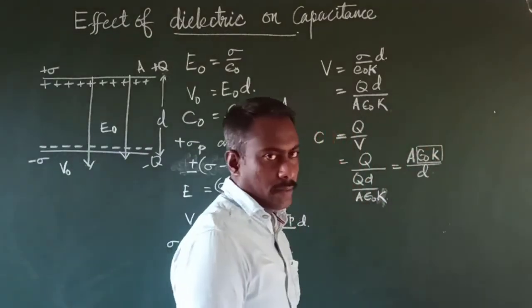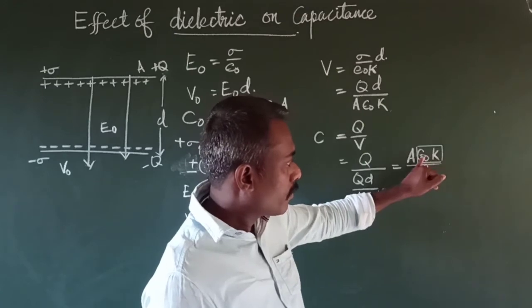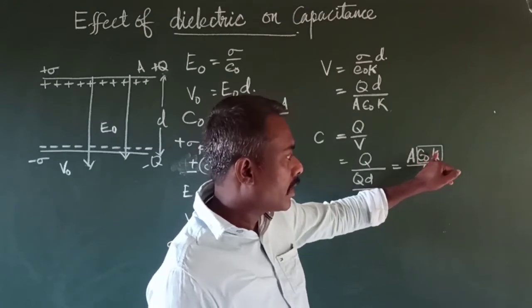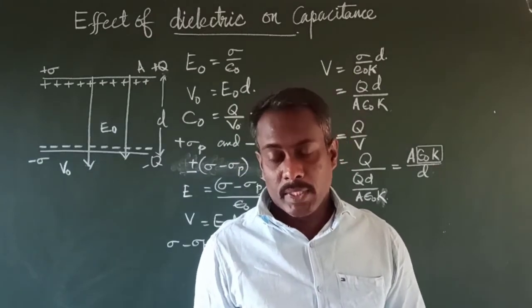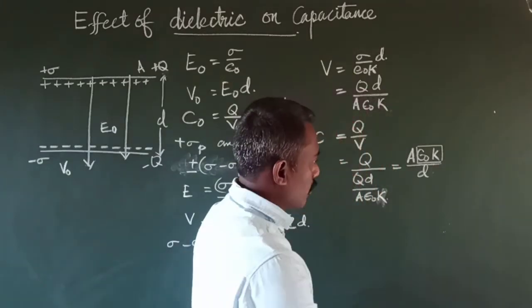Here the term epsilon 0 into K, the product of the electrical permittivity of vacuum and the dielectric constant, is known as the permittivity of the medium, denoted by epsilon.